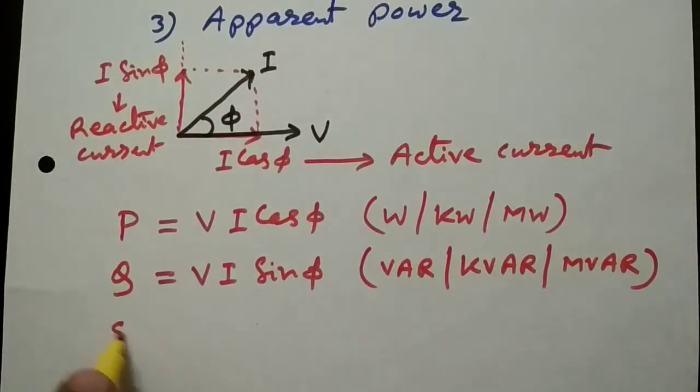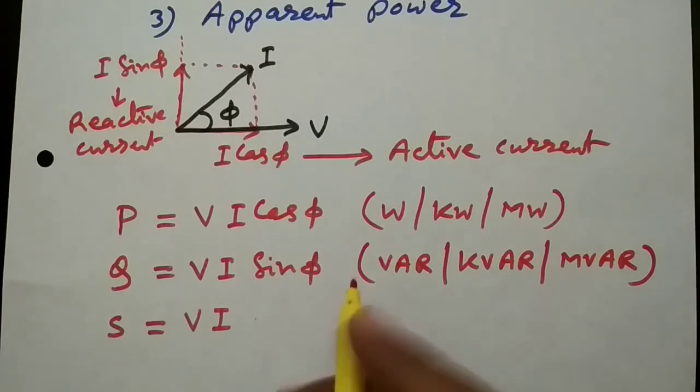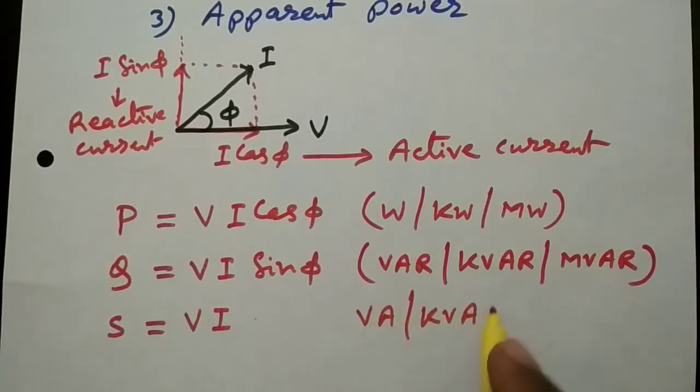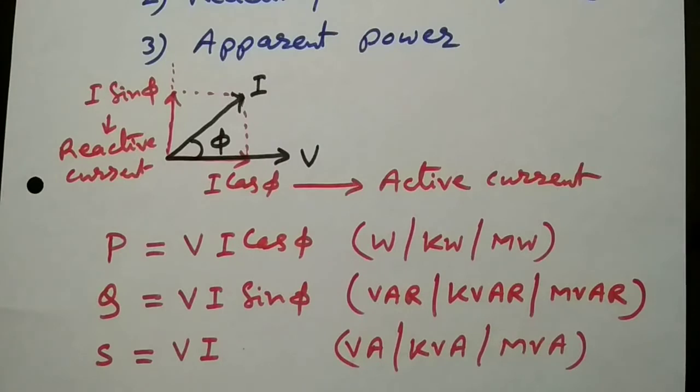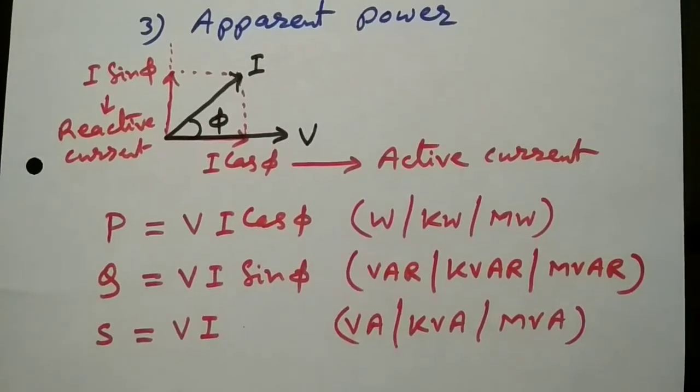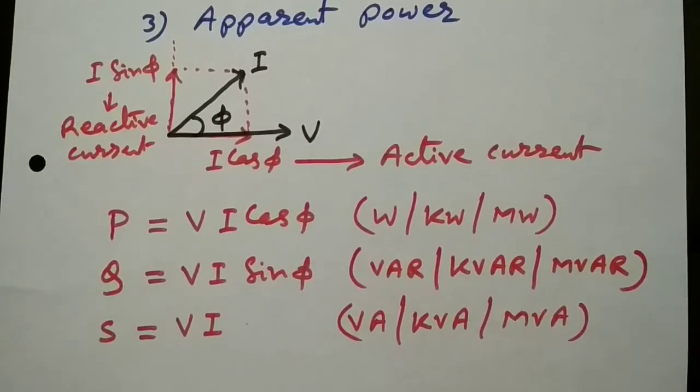And the third type of power is called the apparent power. It is the product of RMS voltage and RMS current. Unit is volt ampere, kilovolt ampere or megavolt ampere. This concept is exactly the same as in the RL series circuit that we have already discussed.